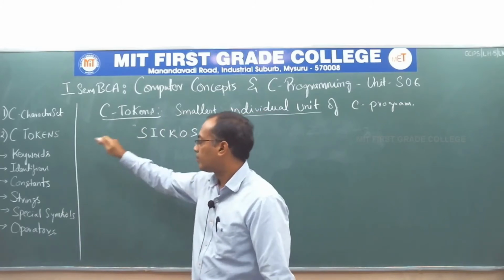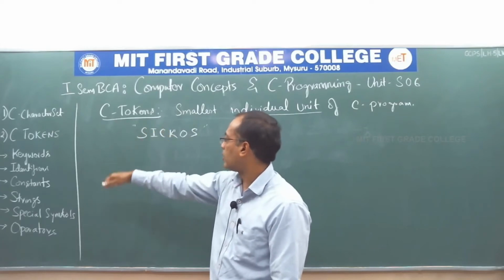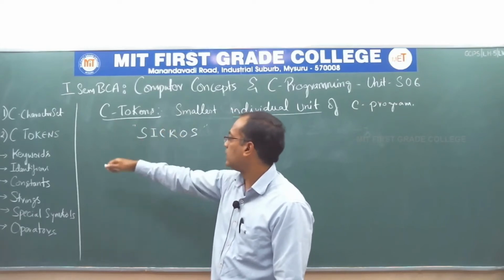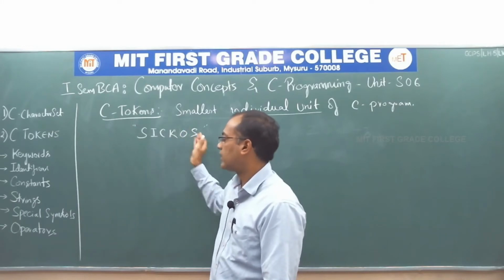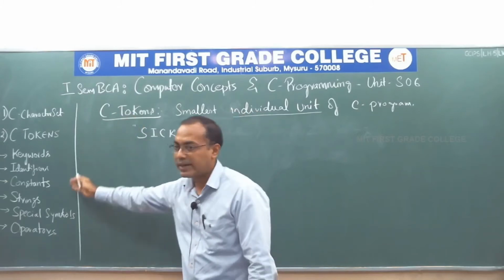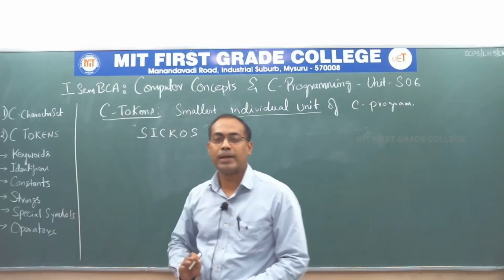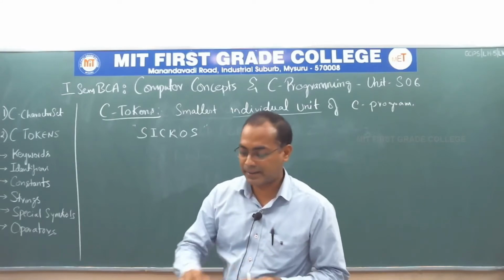S stands for strings, I stands for identifier, C stands for constants, K stands for keywords, O stands for operators and S stands for special symbol. If you remember this SICKOS, then remembering all the 6 tokens will become very easy. It's a short form to remember or memorize.